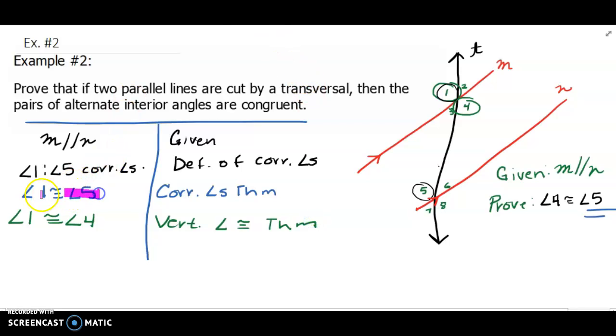Okay, now notice angle 5 is congruent to angle 1, and angle 4 is also congruent to angle 1. So that means that angle 4 has to be congruent to angle 5. Guys, two things that are congruent to the same thing are congruent to each other. And that would be the transitive property of congruence. And if you guys want to do substitution, that would work there as well.